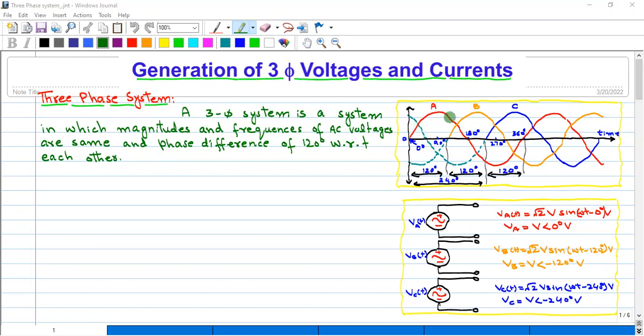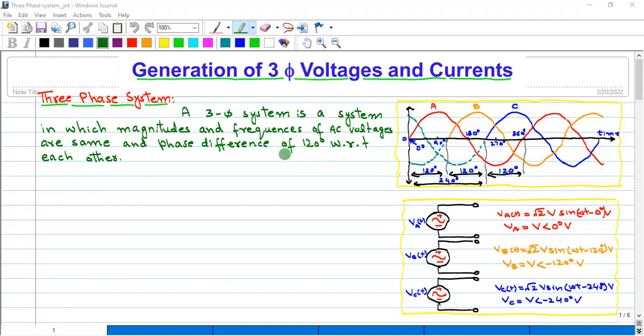As you can see here in this figure, there are three phases. This is the phase A, this is the phase B, and this is the phase C. The phase difference between phase A and phase B is 120 degree, and the phase difference between phase B and phase C is 120 degree as well.